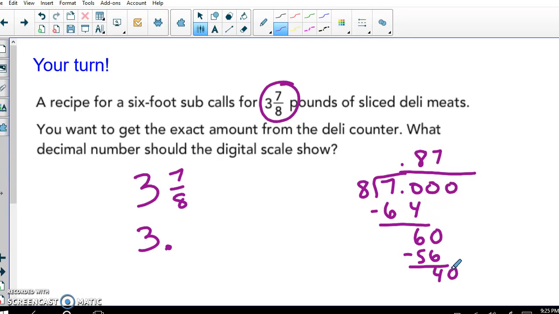And 8 will go into 40 5 times. 8 times 5 is 40. When I subtract, I get 0. Because I have subtracted down to 0, I know that my long division is complete. So in this case, I am looking for 3.875 pounds of sliced deli meat.